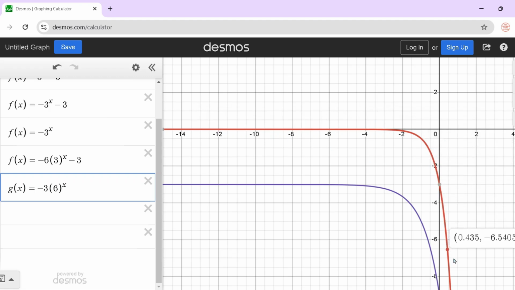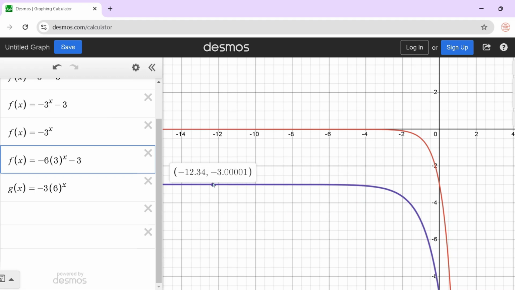On the right-hand side, it is going downward into infinity. And our other one, negative 6 times 3 to the power of x minus 3, is approaching negative 3 and getting closer and closer. There Desmos has led you astray by saying it actually is negative 3. It's not. It's a very, very small distance away from negative 3, like negative 3.000000001, something like that. And then on the right, it's going into infinity.